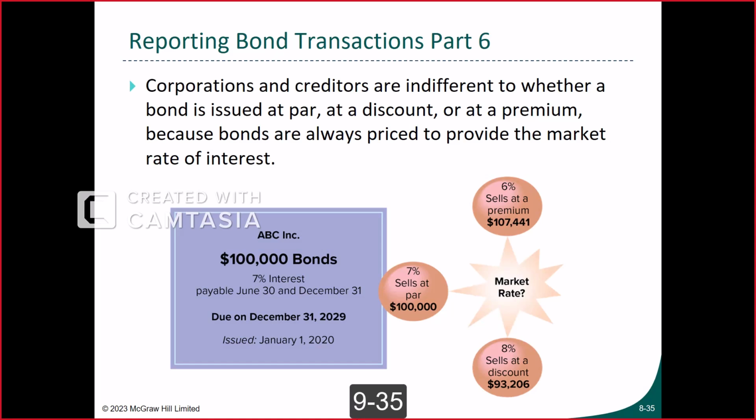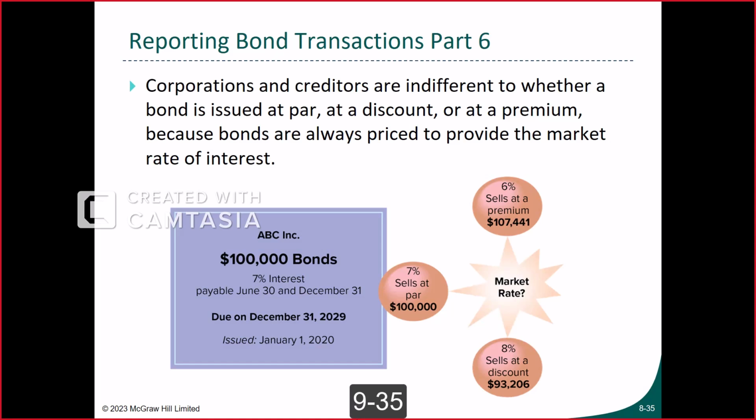And to the opposite, if the market is offering 8%, as a company, I am willing to afford a discount instead of requiring to collect the 100,000, the principal, the future value. I am willing to sacrifice a discount amount and just collect $93,000, which is the par amount minus the discount.